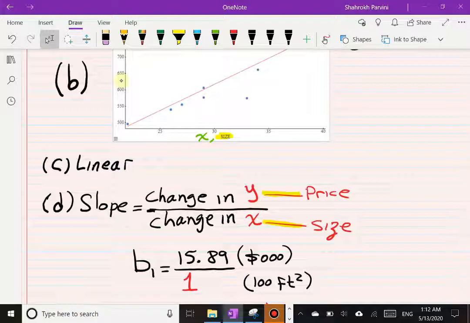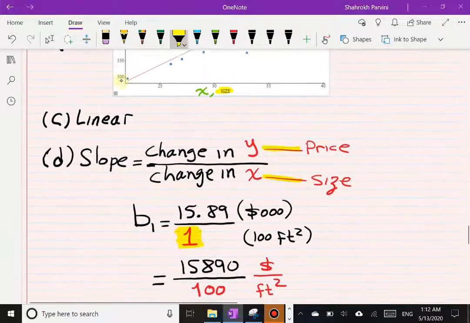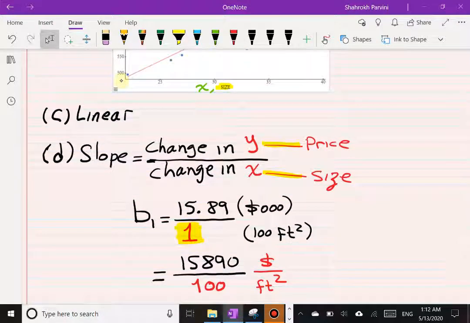And that 15.89, I can write as 15.89 over 1. Any number that output gives us, write it over 1. Now the numerator is in thousands of dollars, and the denominator is in 100 square feet. True? So what I did next is move those zeros in front of the numbers. 15.89 means 15,890.